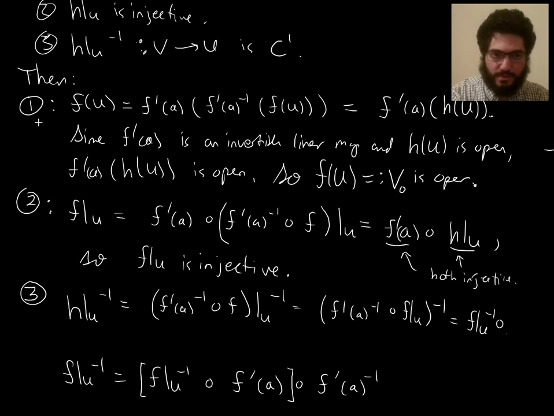That was up here, number 2. And here I got inverse twice. So yeah, this is what happens when you invert a composition of functions, right? Yes, so what is in square brackets down here is h restricted to u inverse.